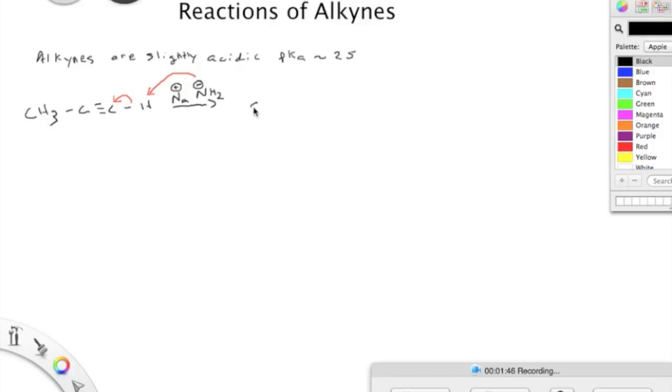And so this gives you this minus charge. And now you can react this with some electrophile. So an example would be like iodomethane, so CH3I. And you can actually extend the carbon chain by 1 in this case.